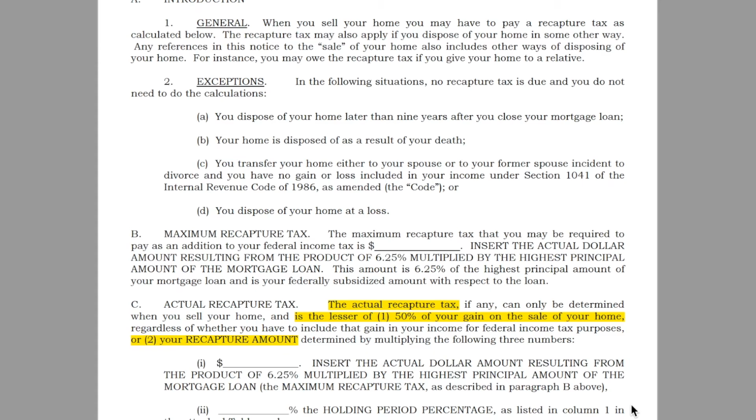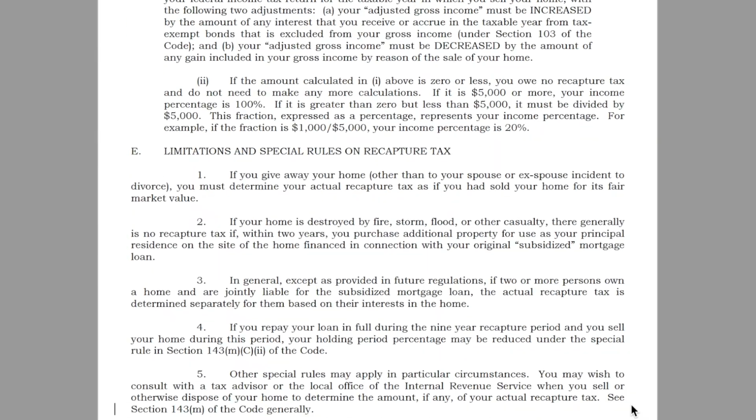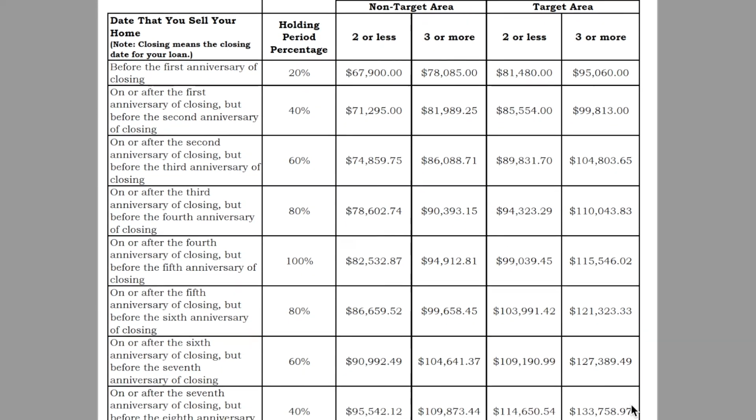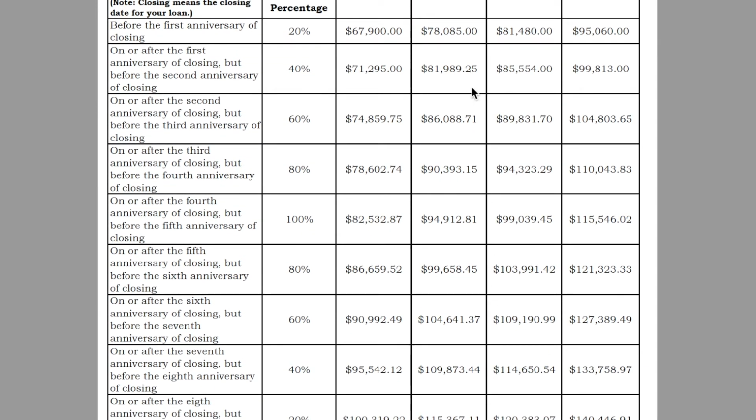Now, it will only happen if, 1, you make a large profit on your home, and 2, your income changes and you have an increase in income significantly. So here's what the income would have to be for a family of 2 or fewer, and then 3 or more, and then in particular years. So from the first year on down to the 9th year of living in your home when it's sold.